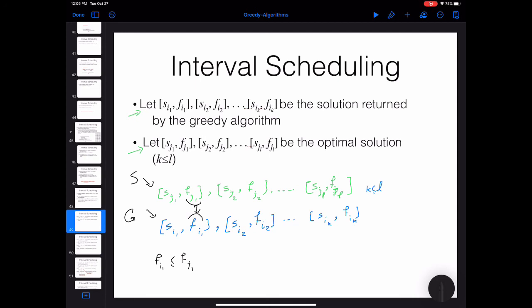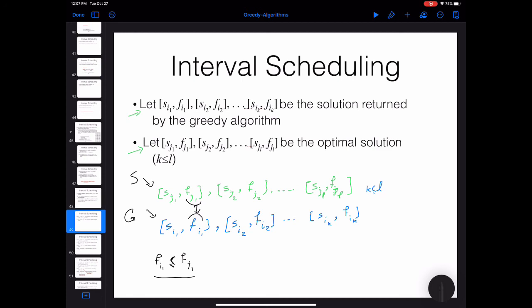Because the greedy strategy was always to take the job with the earliest finish time. Maybe these two jobs are going to have the same finish time, right? That's why I have written it as less than or equal.